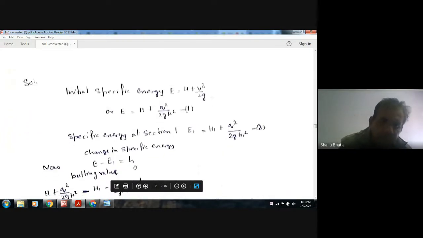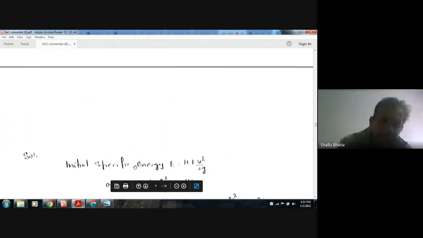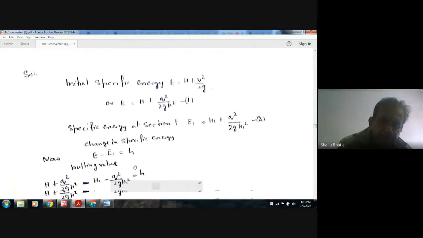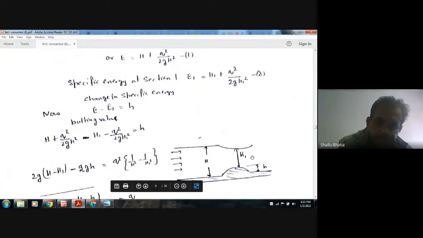Okay. Now at section 1, the specific energy is h1 plus q square divided by 2g h1 square. Things are the same. Okay. So there is some loss in specific energy. So that is E minus E1, so E minus E1 is this h. Okay.